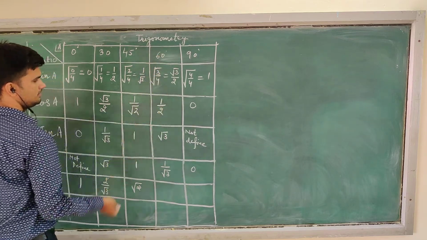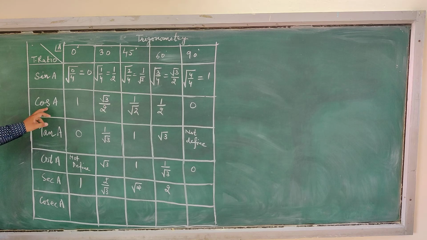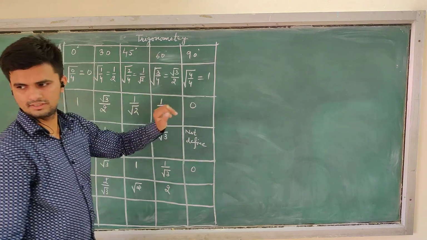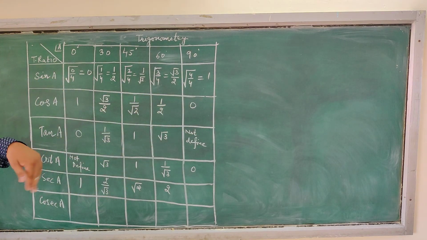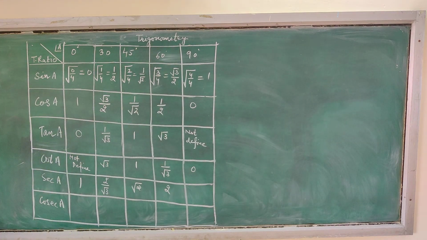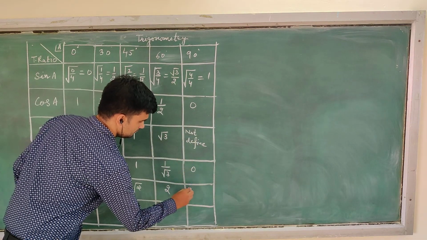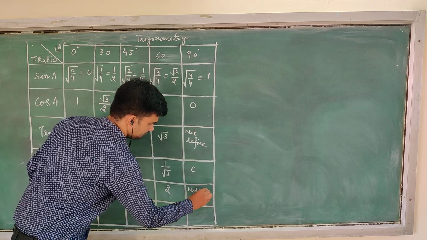Cos 60 is 1 by 2. So it will become 2 by 1. Cos 90 is 0, so it will become reciprocal of 0 is 1 by 0, not defined.